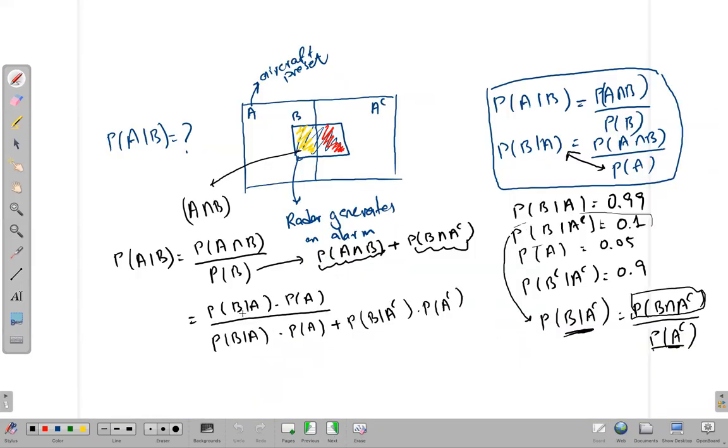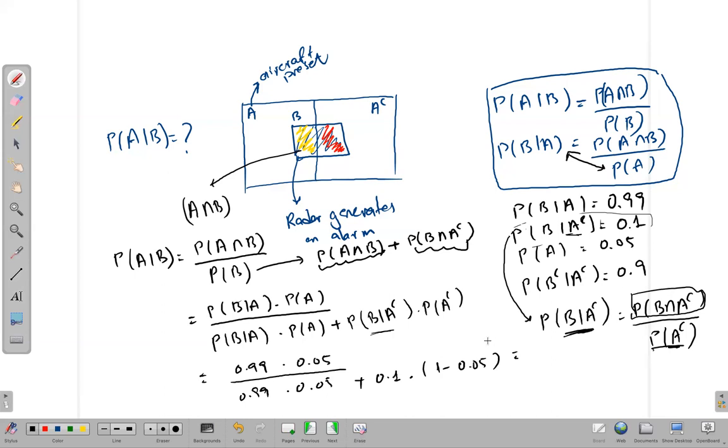This one is given: 0.99 times P(A), which is given as 0.05, divided by the same thing, plus this one, which is also given here, 0.1 times P(A complement). If I know A, the A complement will be 1 minus 0.05. This is A and this is A complement.